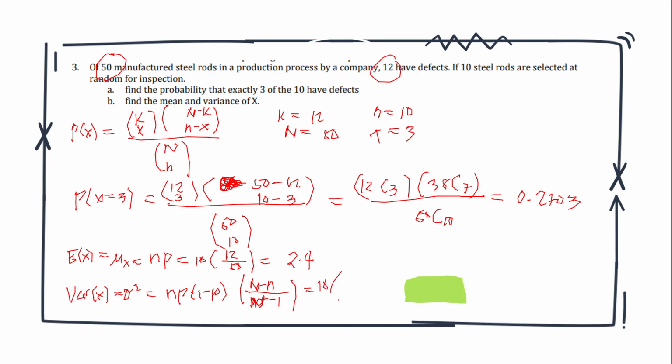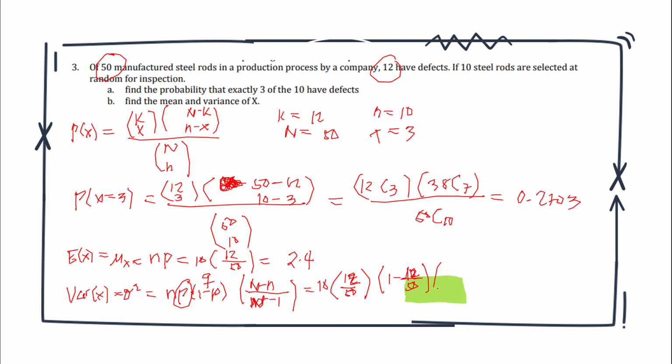Which is 10 times 12 over 50, then 1 minus 12 over 50. The formula for p is k over N, so this is just the complement, 1 minus p, or q.